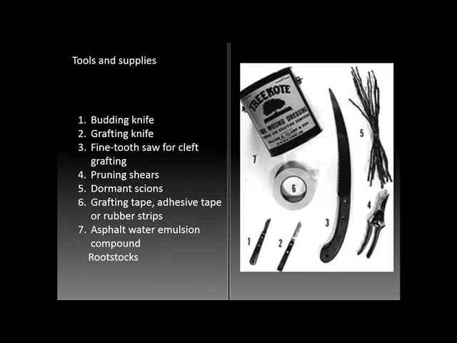We used the saw to cut the branches for cleft grafts. There's a bundle of scions, the tar dressing to seal wounds, and then various cutting tools used for preparing the scion wood and making the cuts into the rootstock.